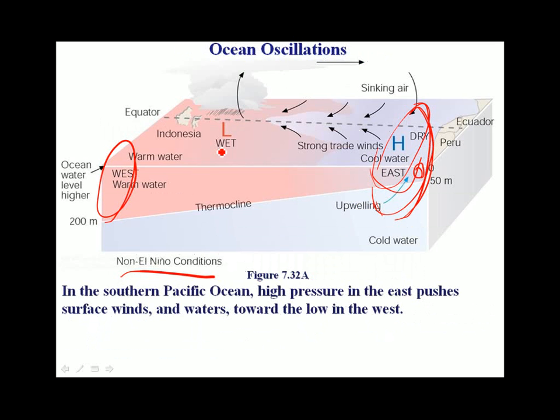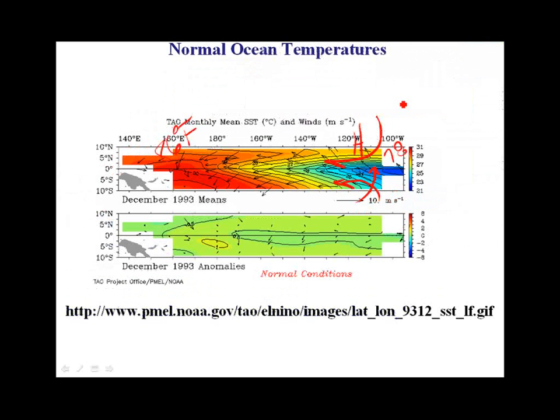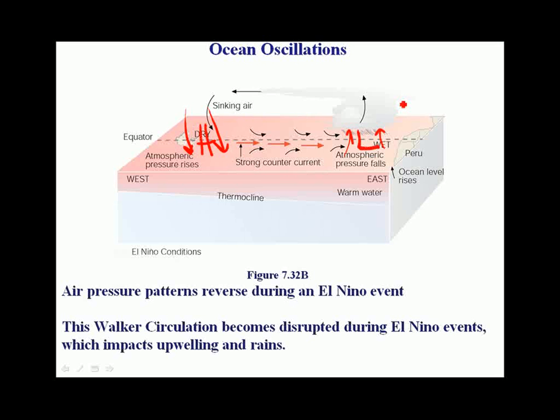During a normal condition, we have surface high pressure over Peru and Ecuador, low pressure over Indonesia and Australia. So inclement weather over the western equatorial Pacific, dry weather over the eastern equatorial Pacific. So we have a change in pressure patterns.